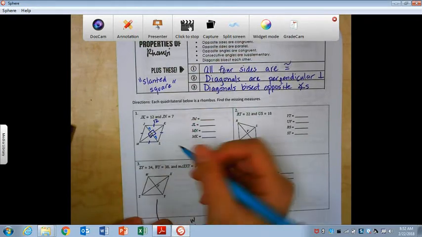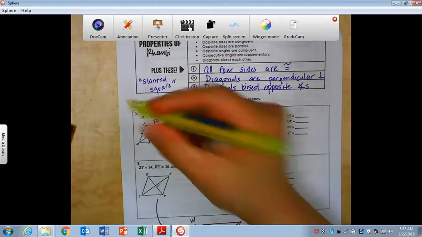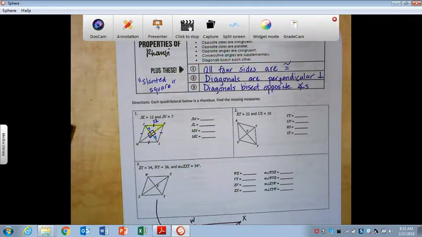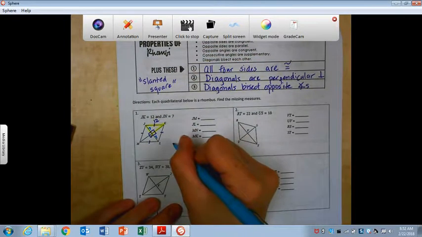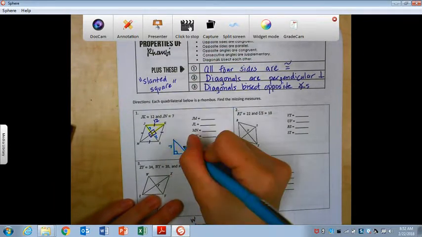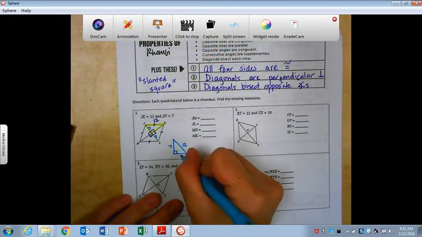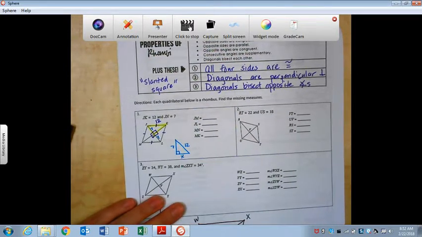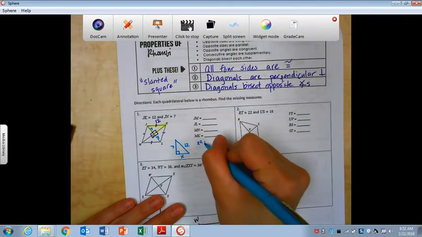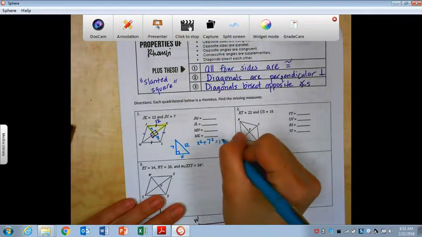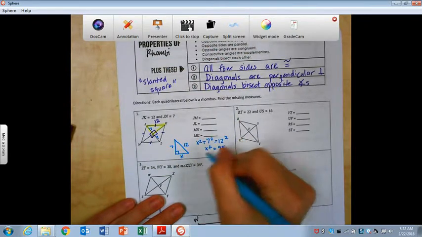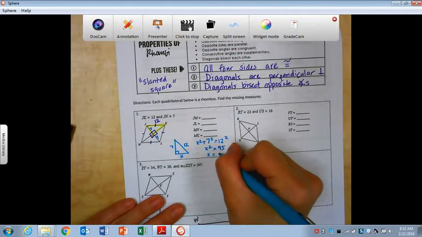So what I'm going to do is highlight this. What is that? That's a right triangle, right? So I'm going to draw it separately. You've got 7 here, and the hypotenuse is 12, and you're looking for this part of the diagonal. So x squared plus 7 squared equals 12 squared. x squared is 95, and when you square root it, x is 9.7.